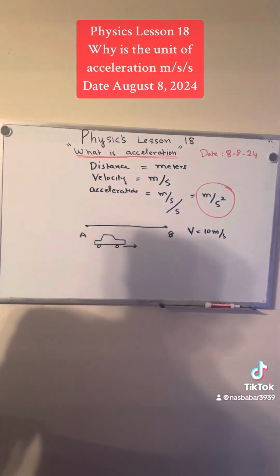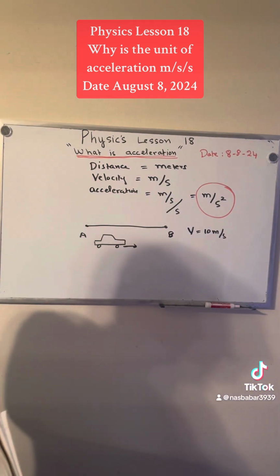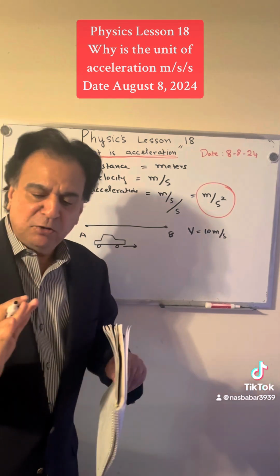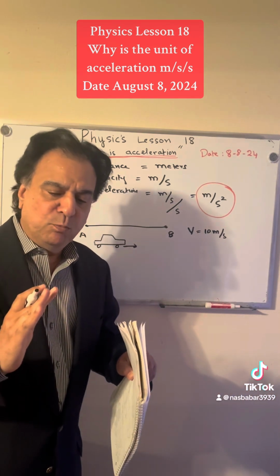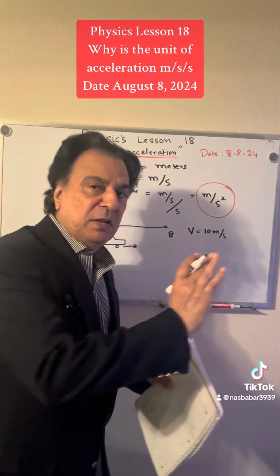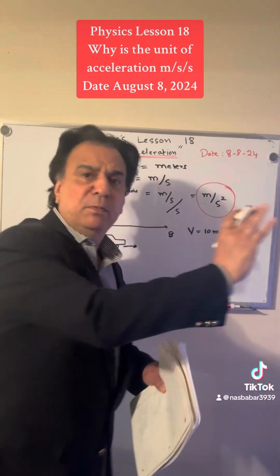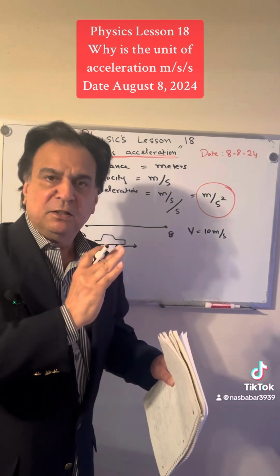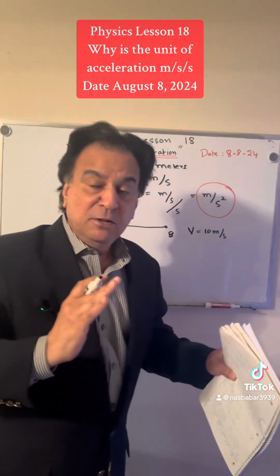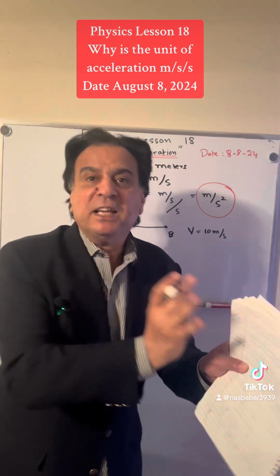Fine. Now let me ask you this. When I say acceleration, what do I mean by that? You're going 10 meters per second and then you give more gas. You go 11 meters per second, 12, 15, 20, 30 meters per second. So you're accelerating, right? You're accelerating every second.